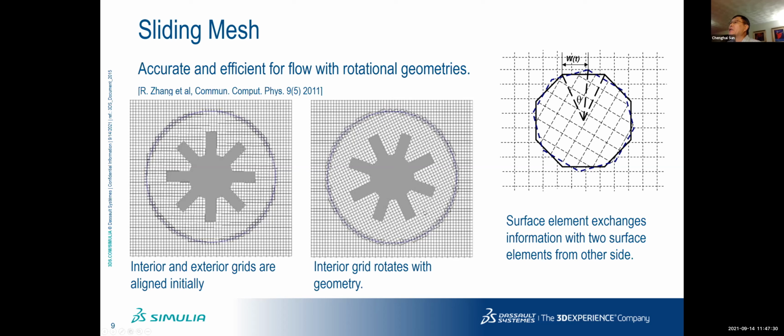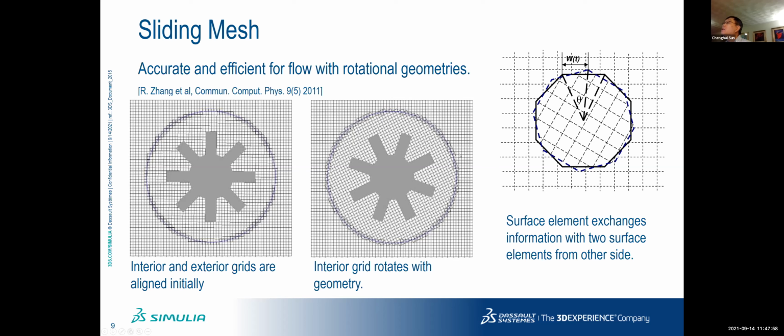In this way, the geometry in the local grids is stable. It's not moving. So the grids rotate with the geometry, and it simplifies the moving geometry.